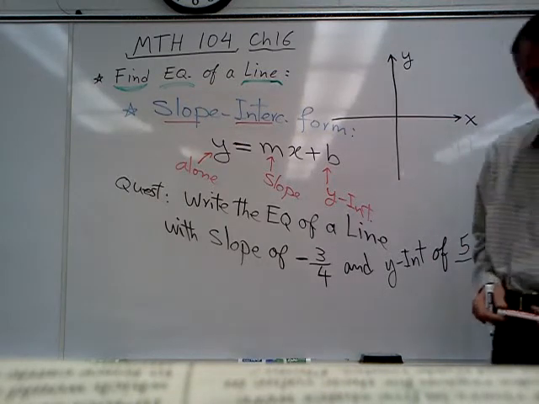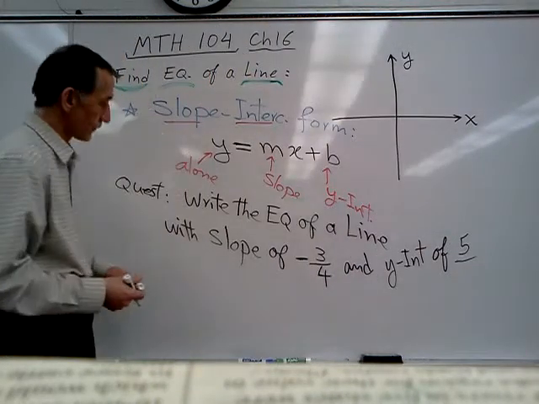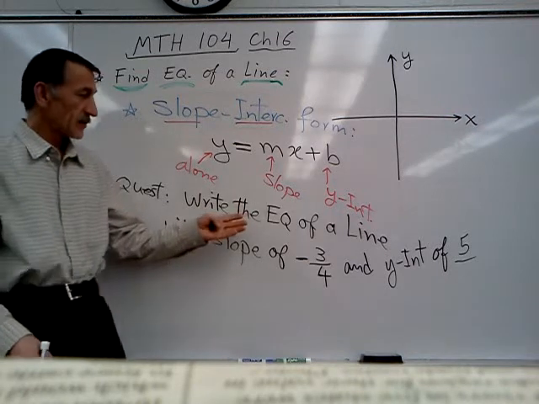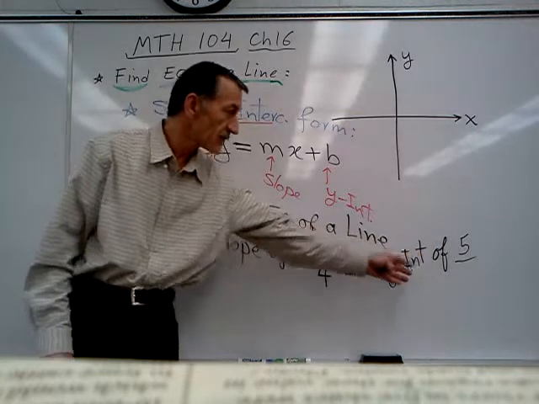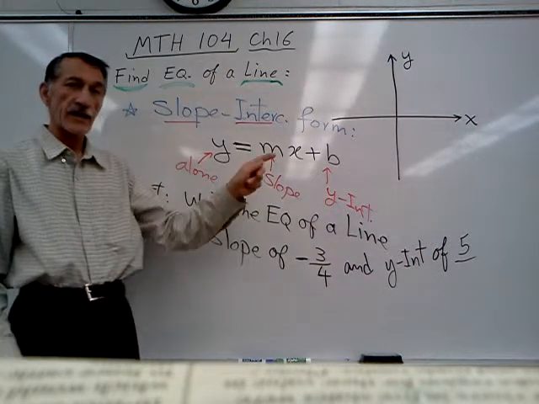Then all you have to do is come over here and say, wait a minute, this question looks great. It's God's gift. The slope is given, the y-intercept is given. All you have to do is just plug in the numbers here and write it down.